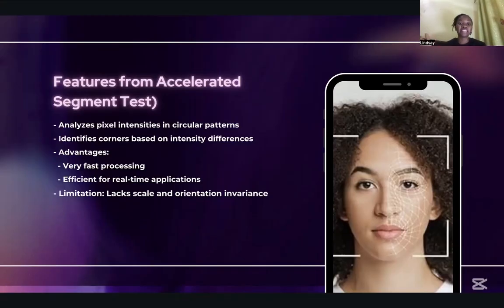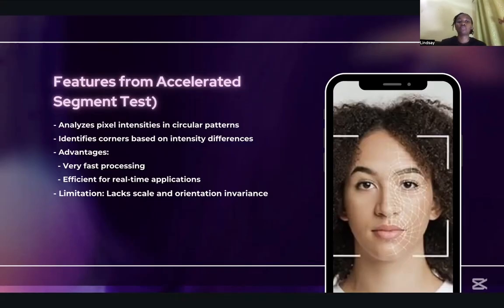FAST is one of the fastest detectors and works well when only corners are needed as key points. However, it lacks scale and orientation invariance by itself. If the image's format, size, or quality changes, Features from Accelerated Segment Test has issues.